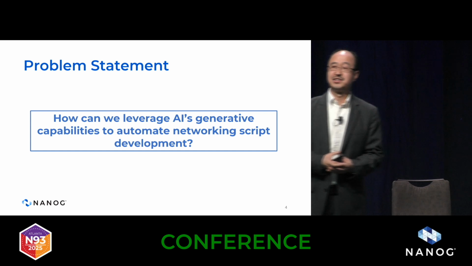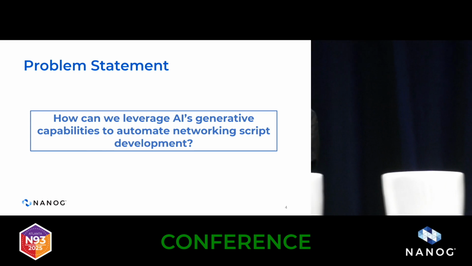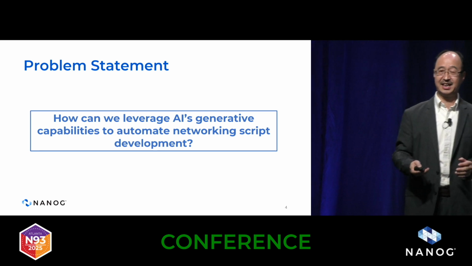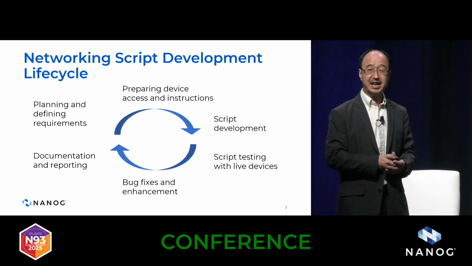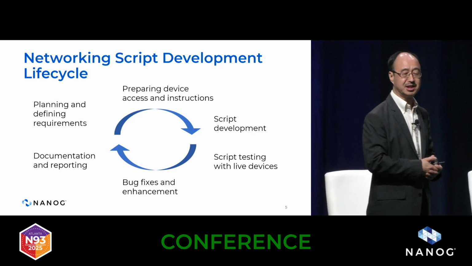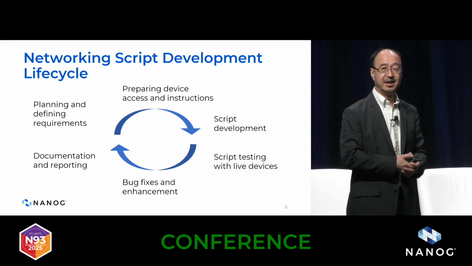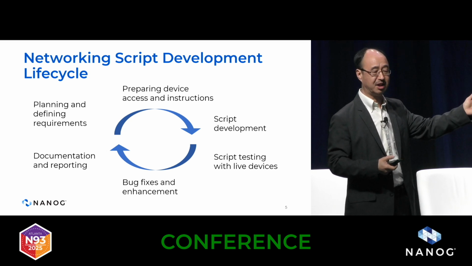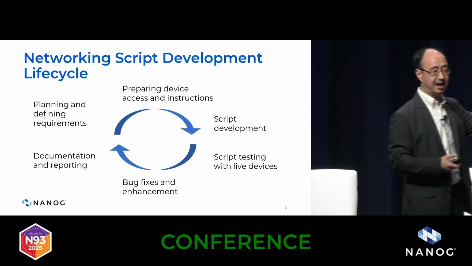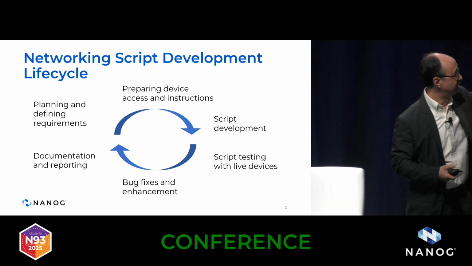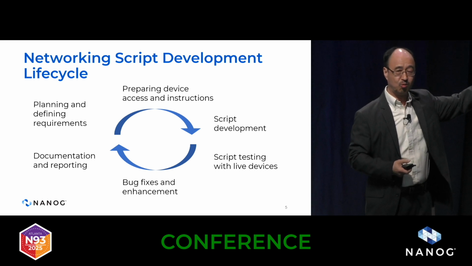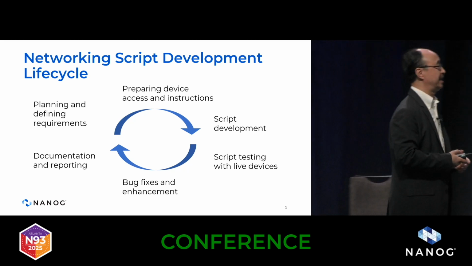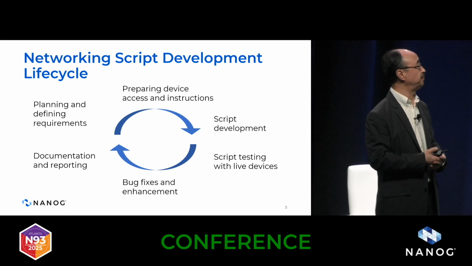How can we leverage generative AI for networking script development? That is the topic today. If you look at a typical networking script development lifecycle, depending on the type and complexity of the project, you may start with planning, defining the problem you're trying to solve and the requirements for that script.